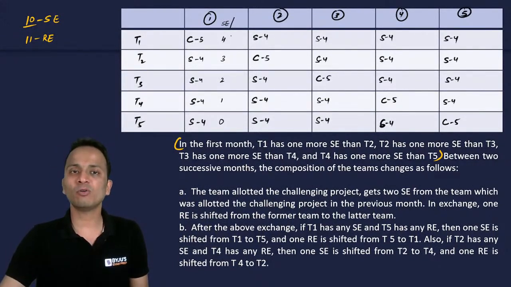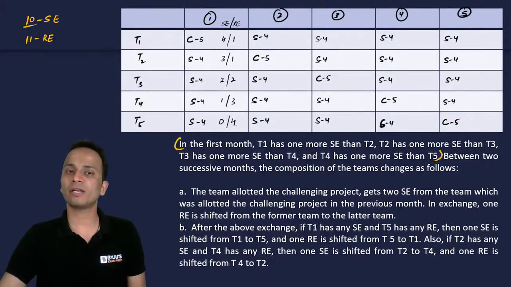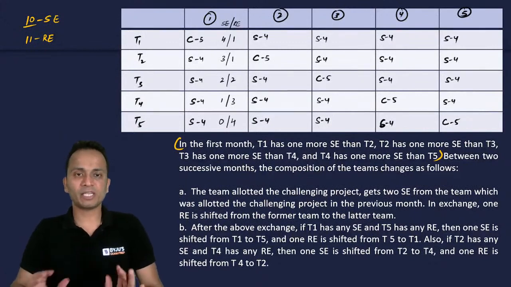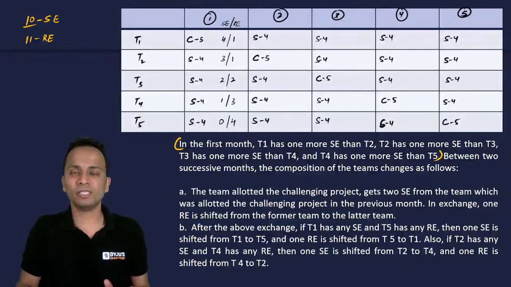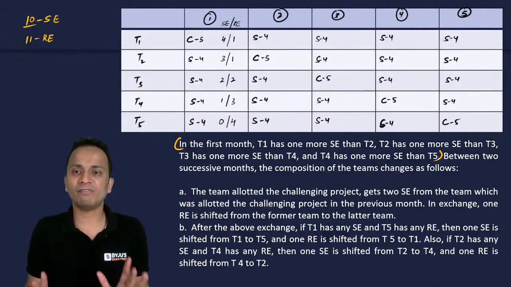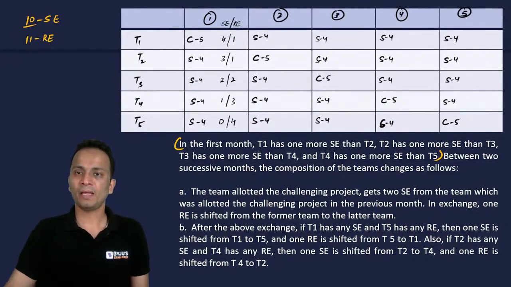So अब remaining क्या होंगे? RE, regular employees. So if four special employees are there, so one regular employee will be there. Again, one regular employee, two regular employees, three regular employees, and four regular employees. So first month का जो breakup है for special employees and regular employees, this I have written in the table.